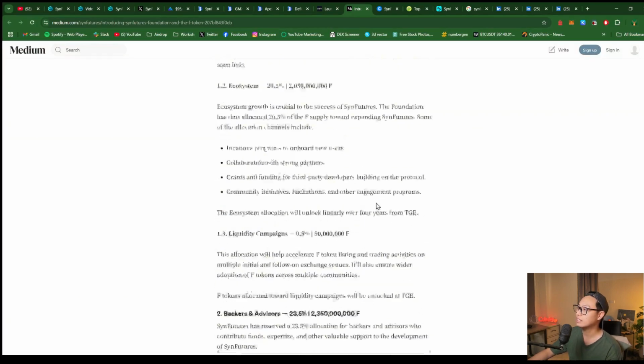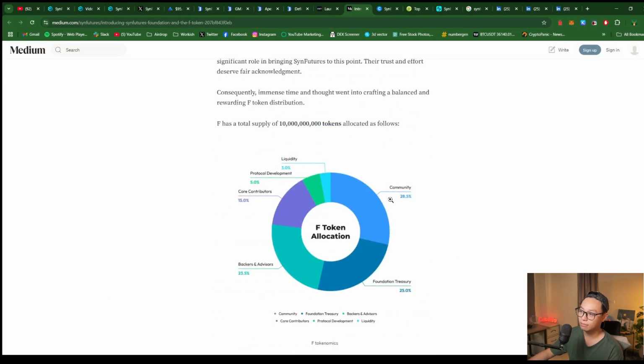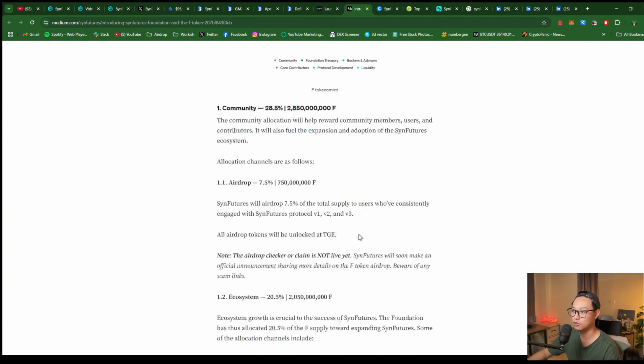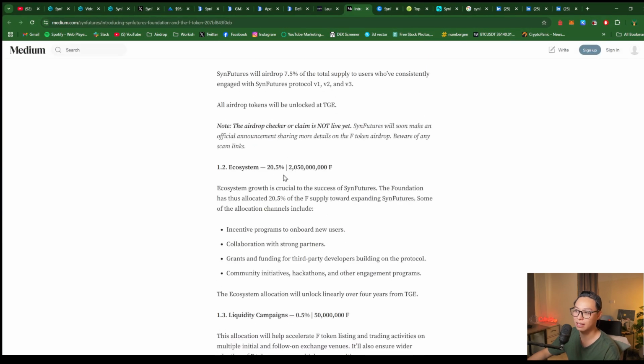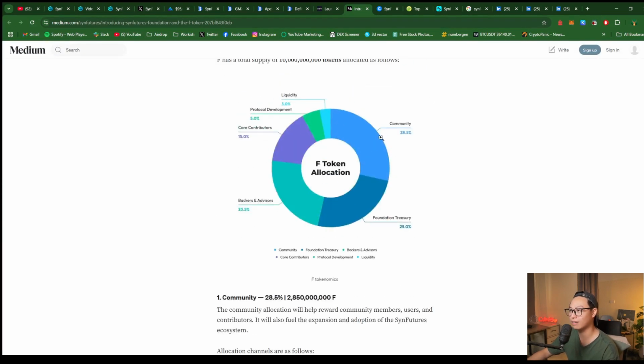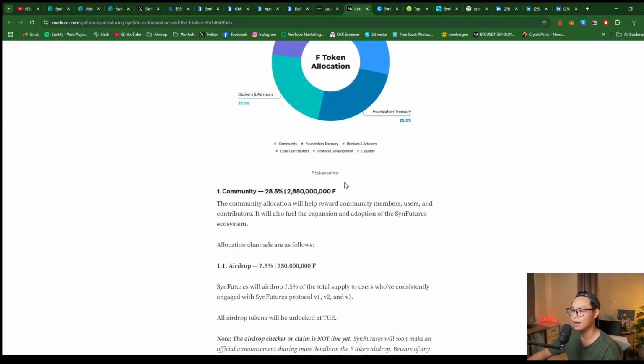So honestly, out of all of these, like 100%, I would say the team has the majority of the token, as with all projects. The community probably has 7.5% from the airdrop, and about 28.5% for the community overall, and the remaining is the team and the project, which is fine, right?